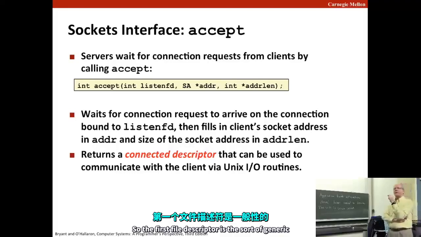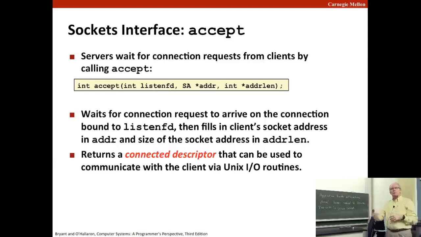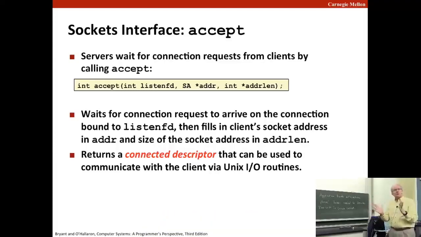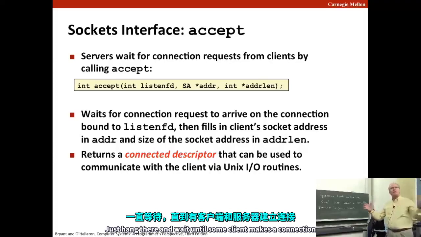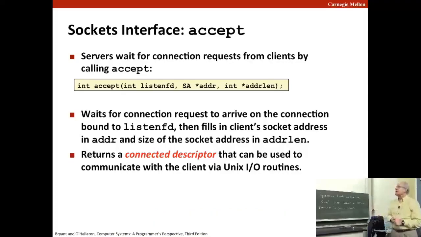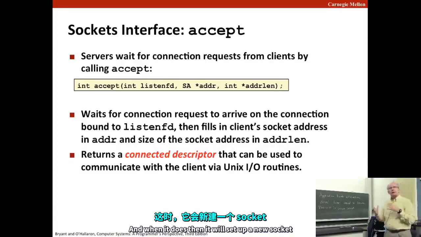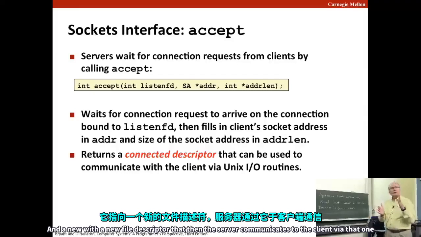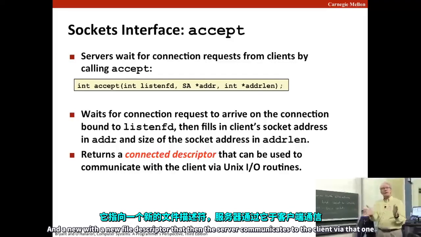So the first file descriptor is the sort of generic one, and basically accept will just hang there and wait until some client makes a connection. And when it does, it will set up a new socket with a new file descriptor that the server then uses to communicate with the client.